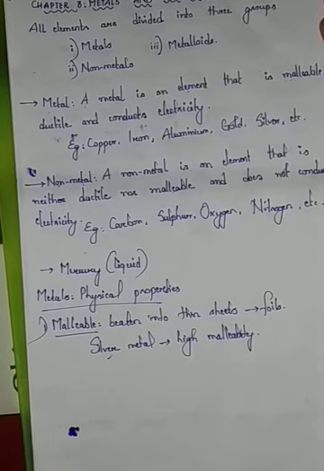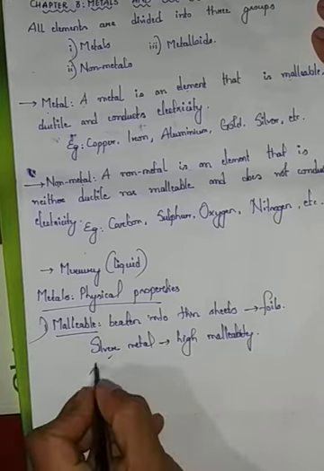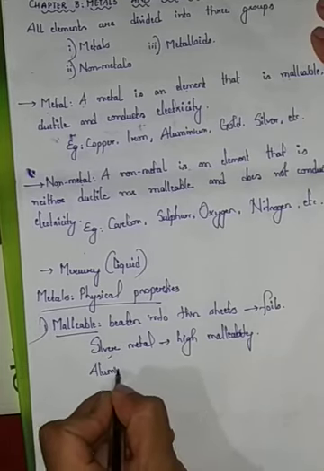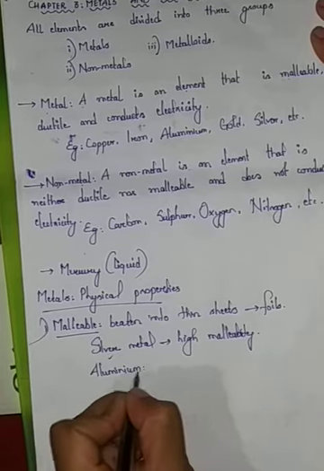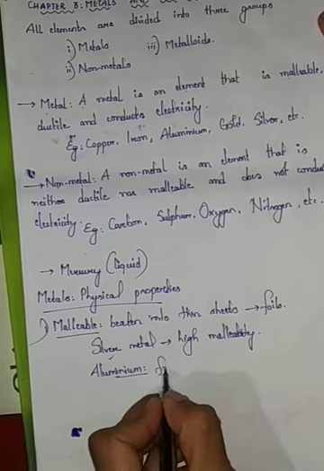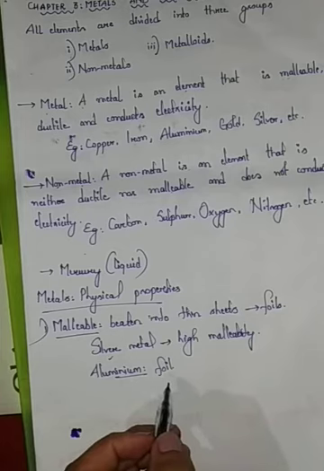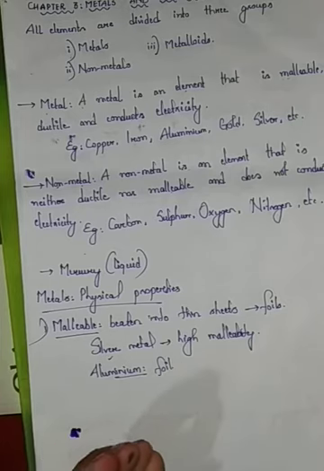The silver foils are used for decorating sweets. Similarly, we have our aluminium foil, which is also quite malleable and can be converted into thin sheets known as aluminium foils. We get these aluminium foils in our packaged food items like biscuits, chocolates, medicines, even cigarettes, and many more things, even milk.